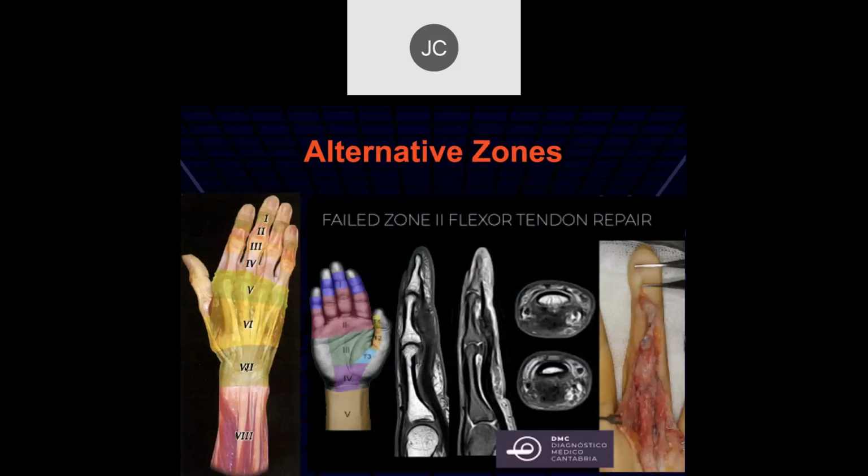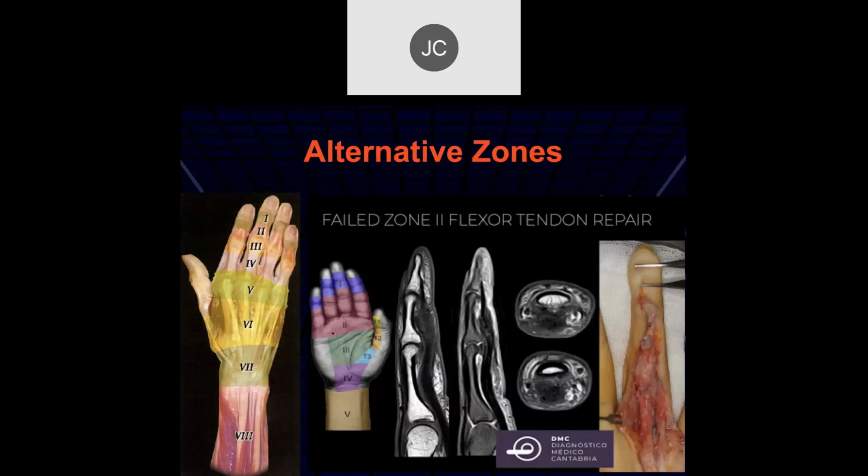There are these same levels, or as John said, now there are many more levels with more refined information. There's an area here, zone 2, on the flexor side, between the distal palm of the hand and the middle part of the middle phalanx. This is zone 2, and it is kind of called no man's zone.